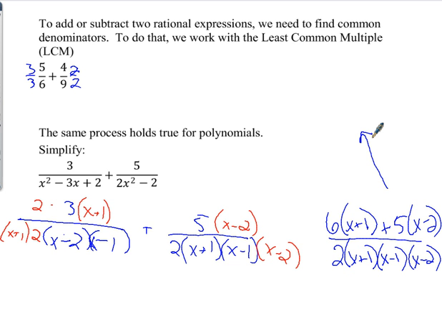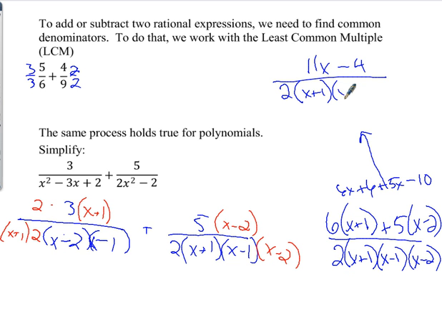This is 6x plus 6 plus 5x minus 10. Combine like terms. 11x minus 4, all divided by my common denominator, 2 times x plus 1, x minus 1, x minus 2. There's your answer.